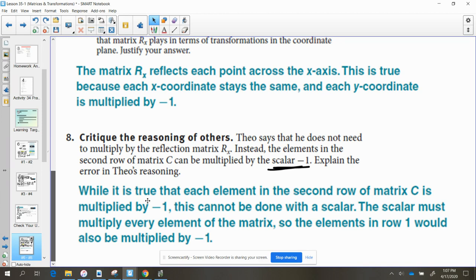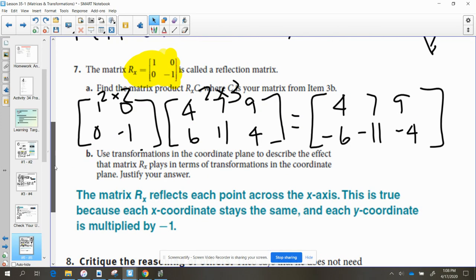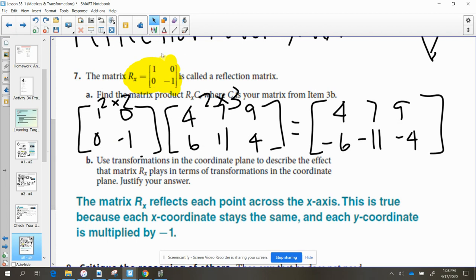Now, for part 9, notice they are talking about the R sub y, the matrix reflection over the y-axis. So if we look back up at the original here for the reflection over the x-axis, notice this element was what was negated.